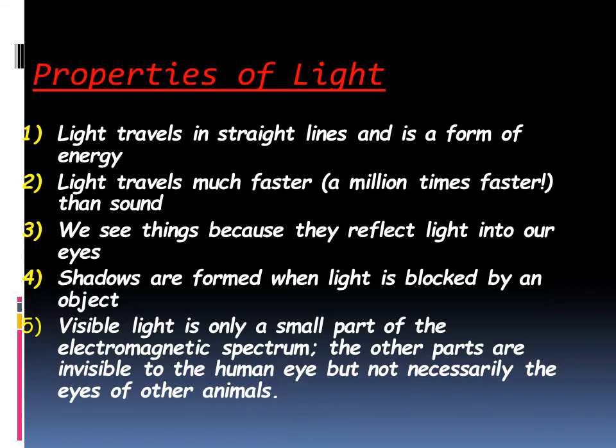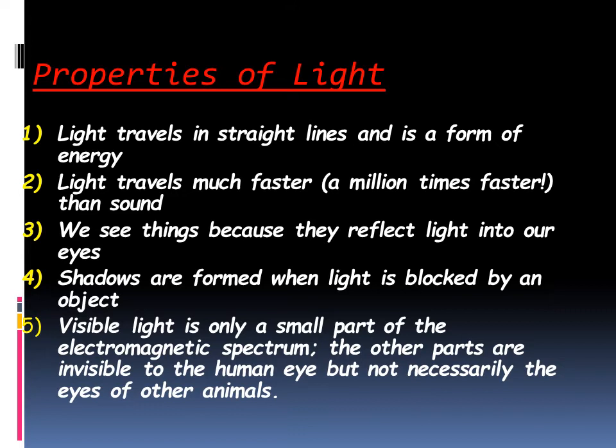No, we can't see that book because light is not reflected on that book and that light doesn't enter our eyes. So this proves that we see the object when light is reflected on that object. That was the third one.